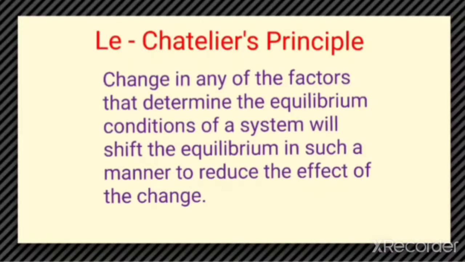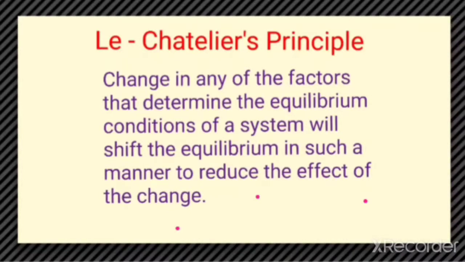If any such change affects the equilibrium state, then the equilibrium gets shifted and it will no longer be in the state of equilibrium. So it is shifted either in the forward direction or in the backward direction.